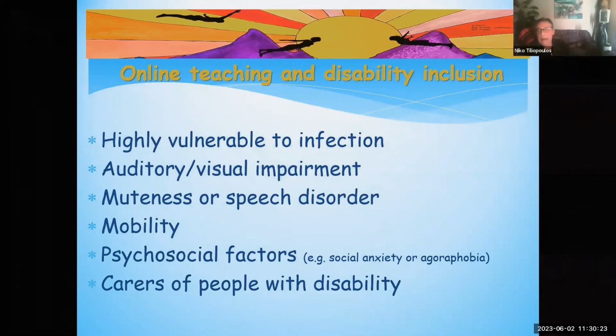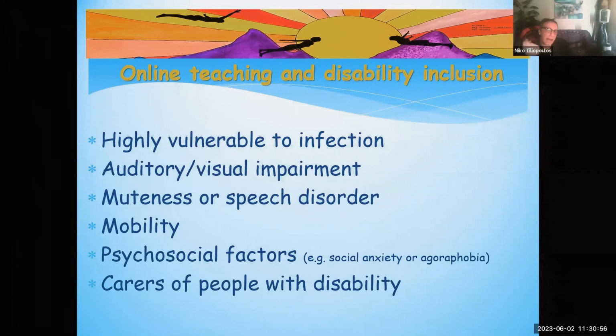Mobility, well, exactly. Rosie covered that. Mobility issues, you know, having to come to the university, and if you are, say, a wheelchair user, the arduous journey to get there for an hour's lecture and again go back. Psychosocial factors, social anxiety, again mentioned, you know, fear of being judged, agoraphobia, fear of being in public places, all of those are practically eliminated.